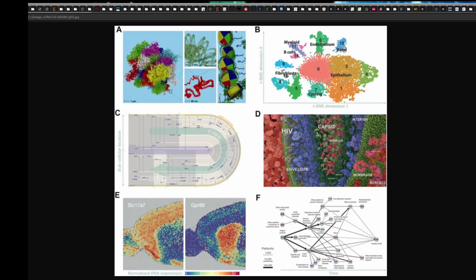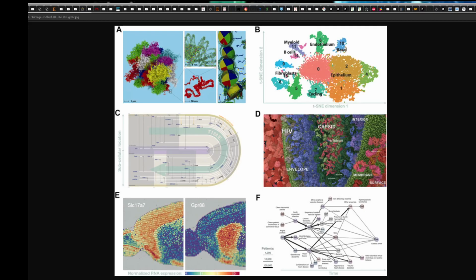Waterhouse, A.M., Procter, J.B., Martin, D.M.A., Clamp, M., and Barton, G.J., 2009. Jalview Version 2, a multiple sequence alignment editor and analysis workbench. Bioinformatics 25, 1189-1191. DOI 10.1093/bioinformatics/btp033. PubMed Abstract, CrossRef Full Text, Google Scholar.